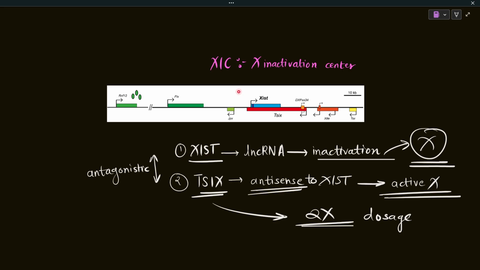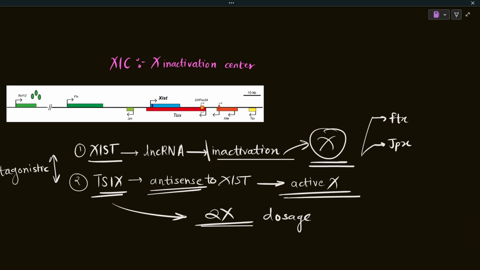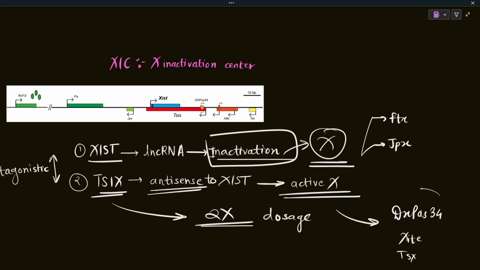So we can easily say that FTX and JPX are involved in inactivation of the X chromosome; they are supporting inactivation, while DXPas34, Xite and TSX, all three of those, are going to inhibit X chromosome inactivation.